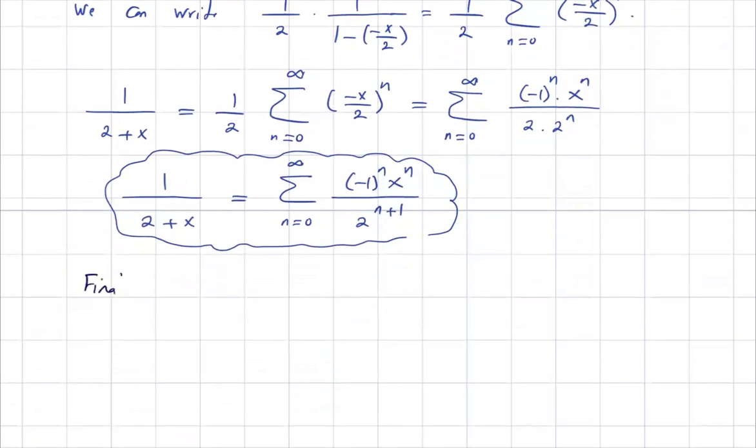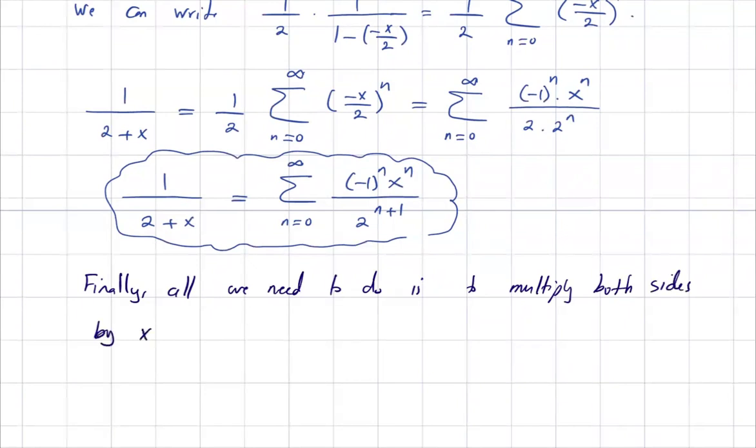Finally, all we need to do is to multiply both sides by x cubed to construct x cubed divided by 2 plus x.